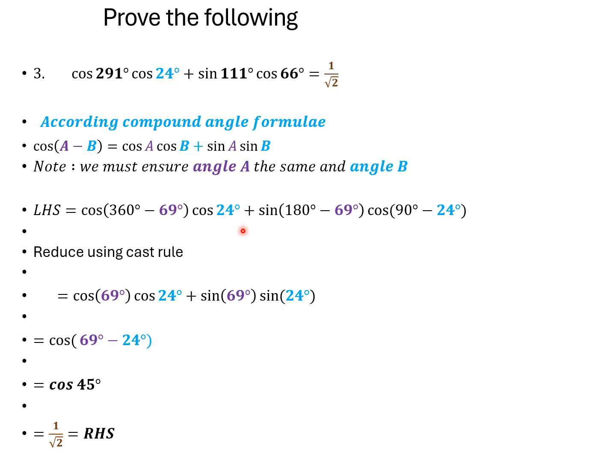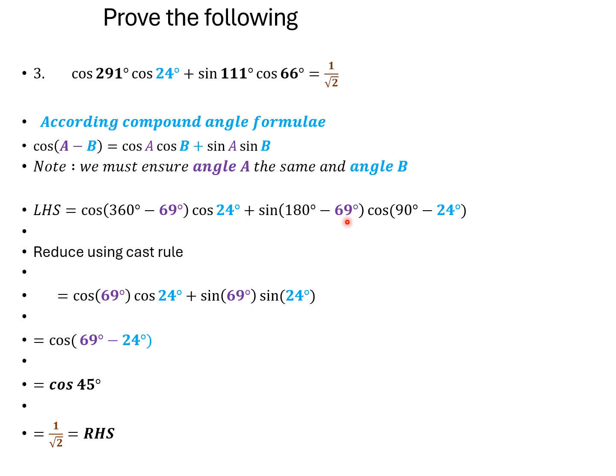So now I have 24 degrees and 24 degrees. 360 minus 69 falls in the fourth quadrant. In the fourth quadrant, cos is positive. So therefore it stays positive and it becomes cos 69, cos 24. 180 minus 69 falls in the second quadrant.